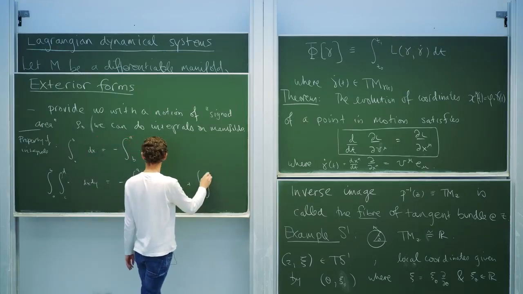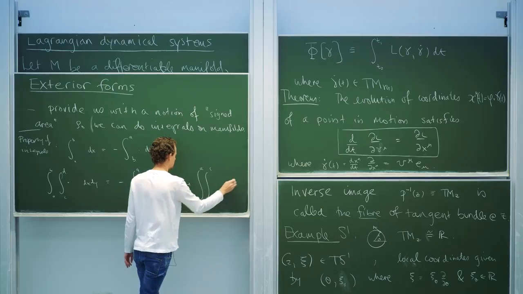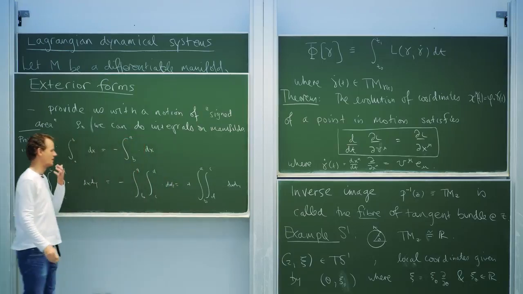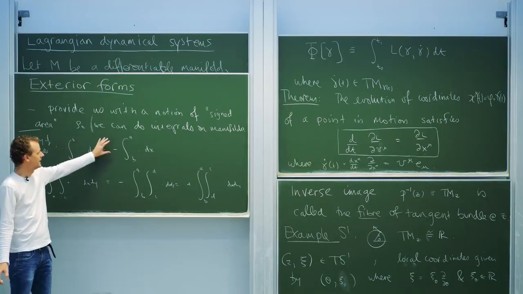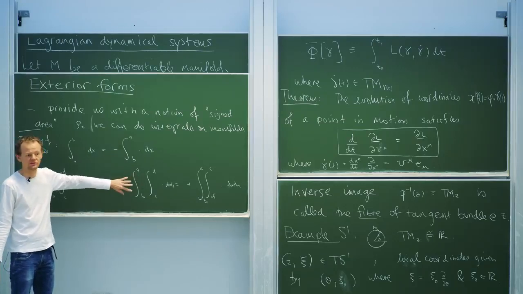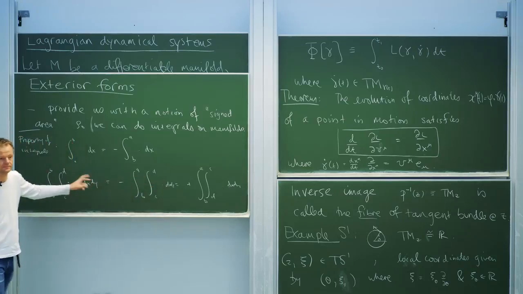And if you flip them both, then you get a plus sign again, and so on. So exterior forms, differential forms, what we're going to define soon, are objects that have this kind of anti-symmetric property, that if you exchange things, you pick up minus signs.